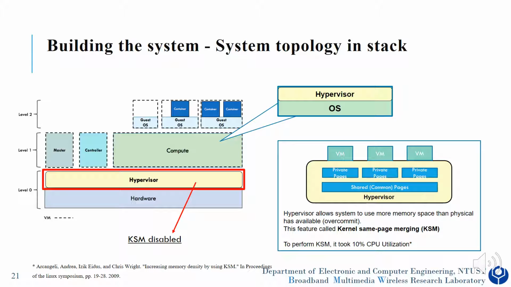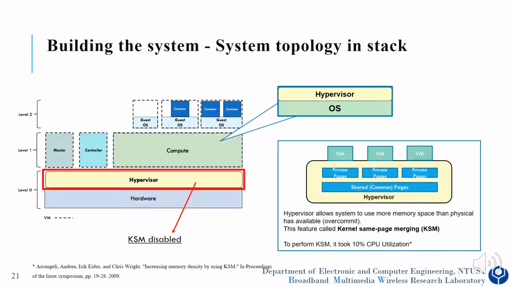So what we did is we disabled the KSM here, because the deployment of the VMs in level 1 is fixed. We only can have 3 VMs after we squeeze out all of the resource pool.